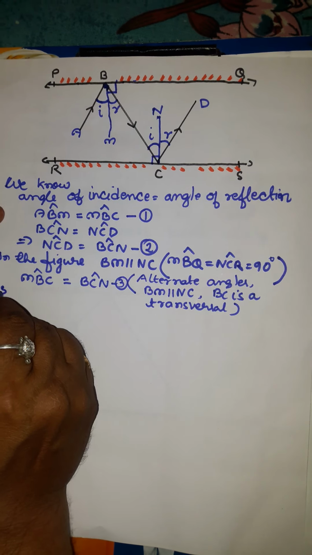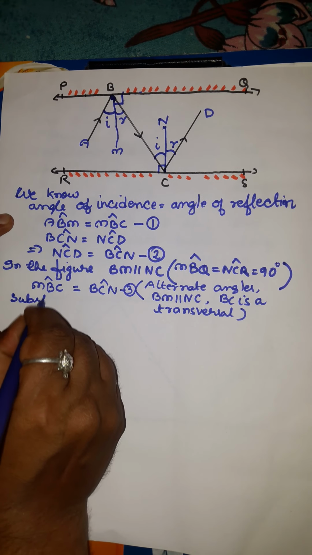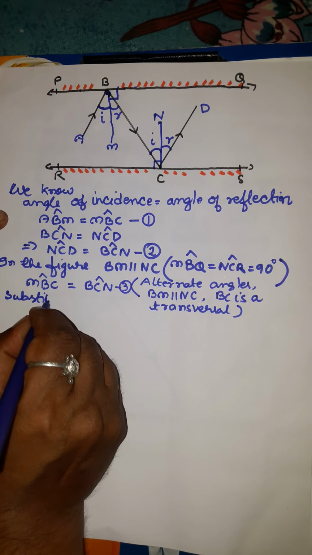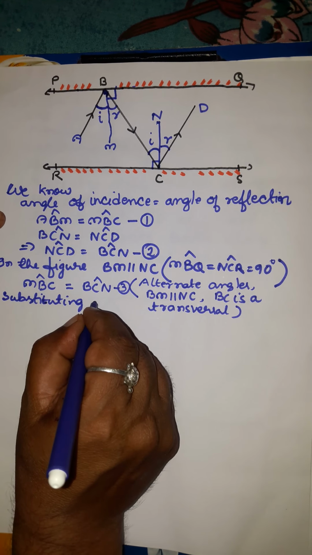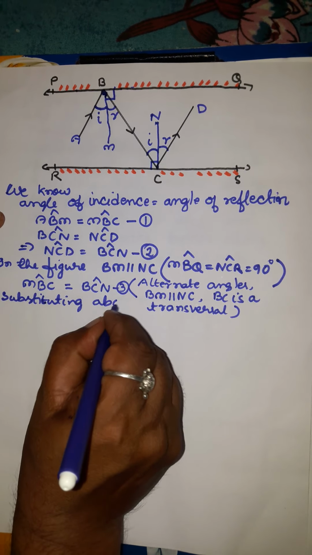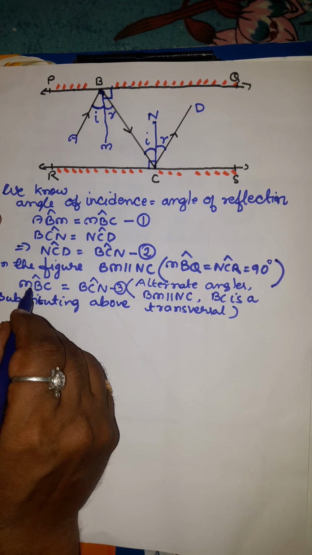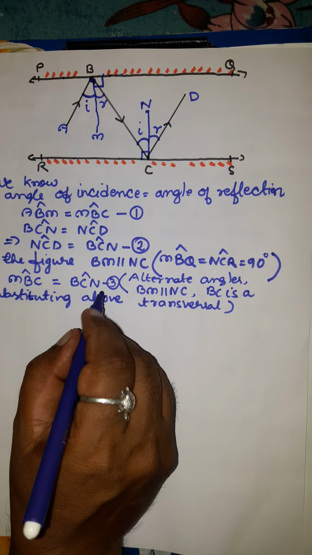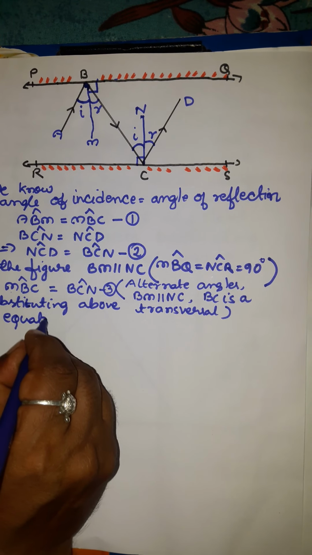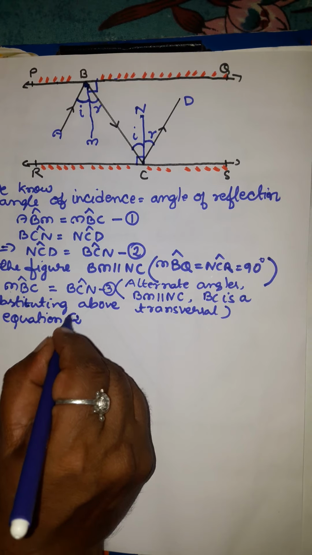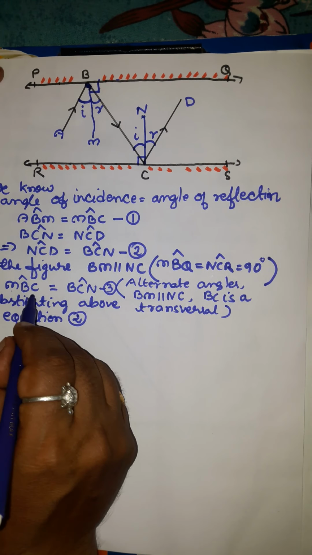Substituting in equation 2, see, angle NCD is equal to angle BCN.